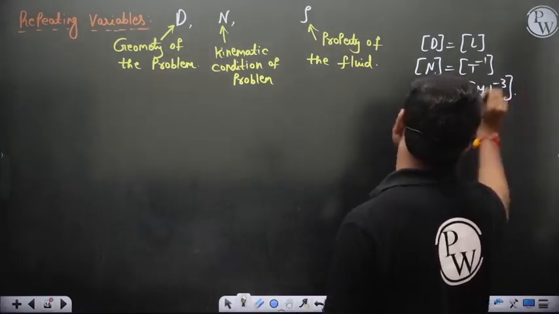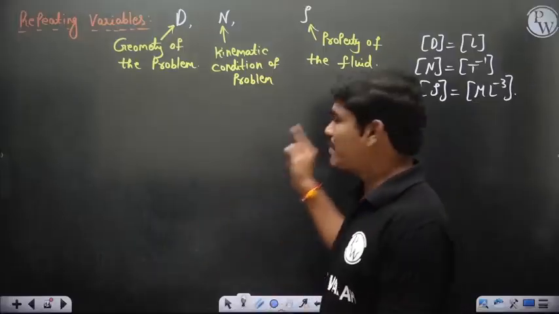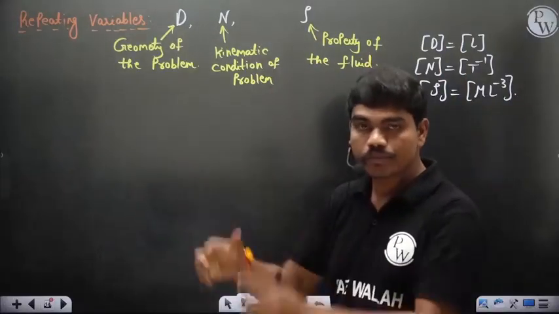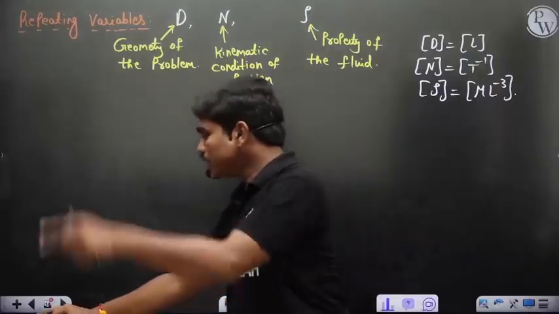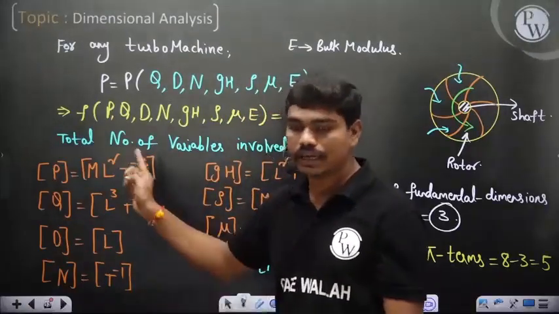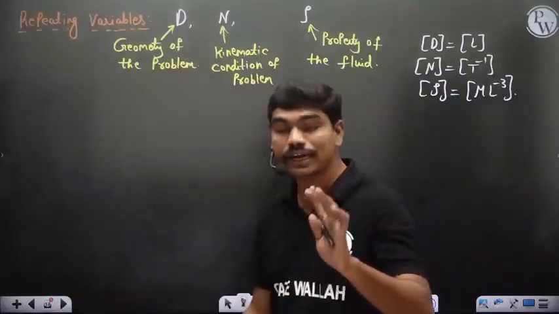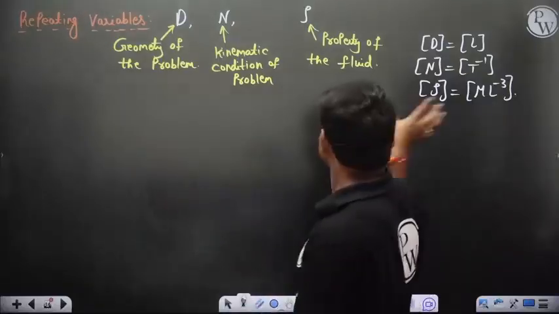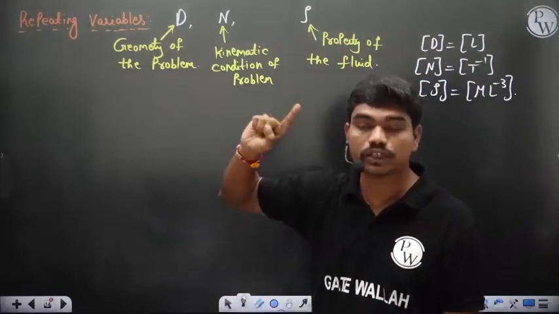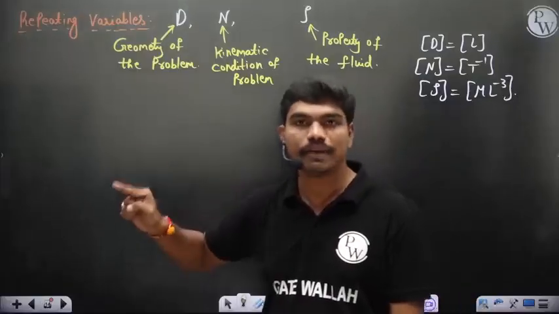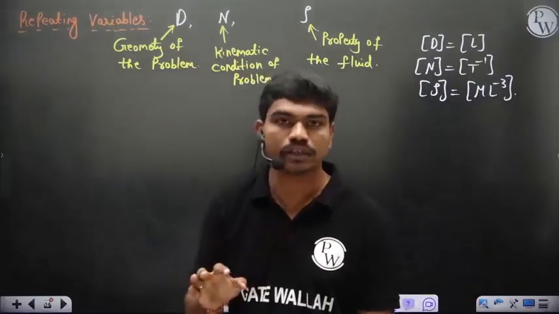These are the dimensions. When you put these dimensions together, the dimensions here should involve all the dimensions involved in the problem, okay. So मान लो कि मैंने repeating variable select किया था, लेकिन मान लो कि उसमें time नहीं है, okay. If you mix these three, there is no time, then you cannot make that choice, okay. That choice is not valid. If you make dimensional analysis with that choice, you will get wrong dimensionless numbers, okay.